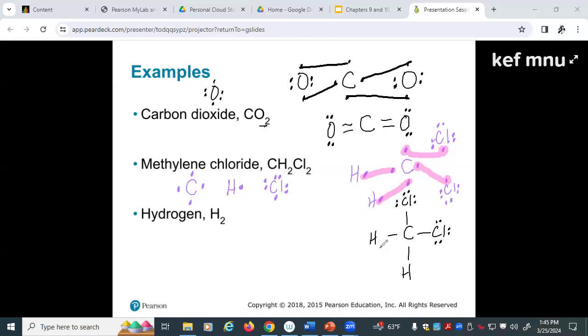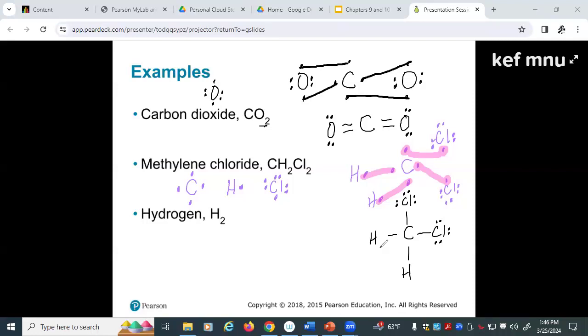Why is it okay? Why does hydrogen not have to obey the octet rule? Well, look at its noble gas. How many electrons are in helium? Just the two. So for hydrogen and helium, and for any ions that take on helium's configuration, we use a variant of the octet rule called the duet rule.